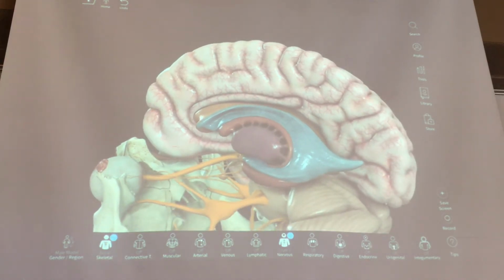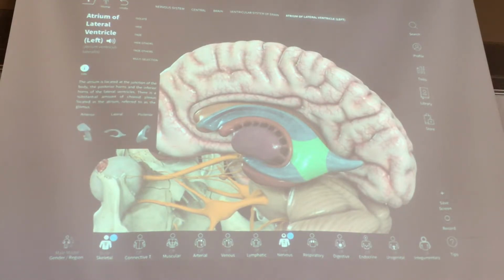Okay, let's see here. So this blue part is a ventricle. Remember, this is where we've got two lateral ventricles, one on the right, one on the left, that produce our cerebrospinal fluid and allow the cerebrospinal fluid to move around.